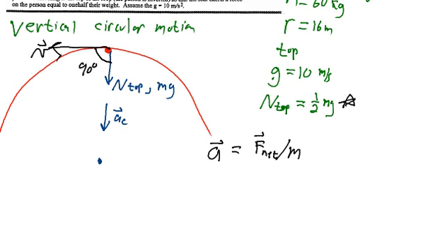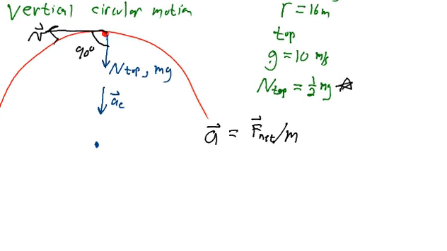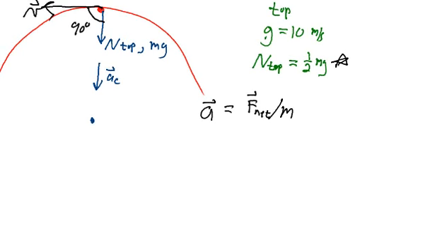And we want to apply this to the person, and we want to apply this using the coordinate system that we've established, where essentially the positive direction is going to point down, which is towards the center. So the acceleration will be written then as a sub c, and then we can see from the diagram that the net force will be the sum of the normal force at the top plus the weight. And then I would divide that by the mass.